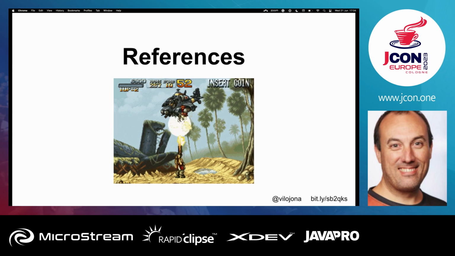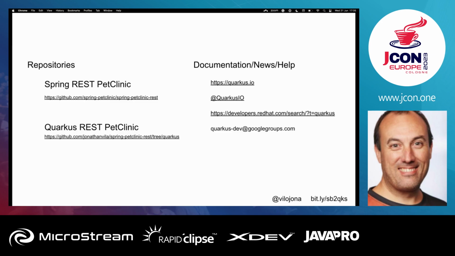So, we've reached more or less the end of the presentation, and I will give you some references if you want to go deeper into this topic. Basically, the links to the GitHub repositories, and the second one, that is in my account, has the Quarkus branch, that is exactly the migration from the original one to the Quarkus version.